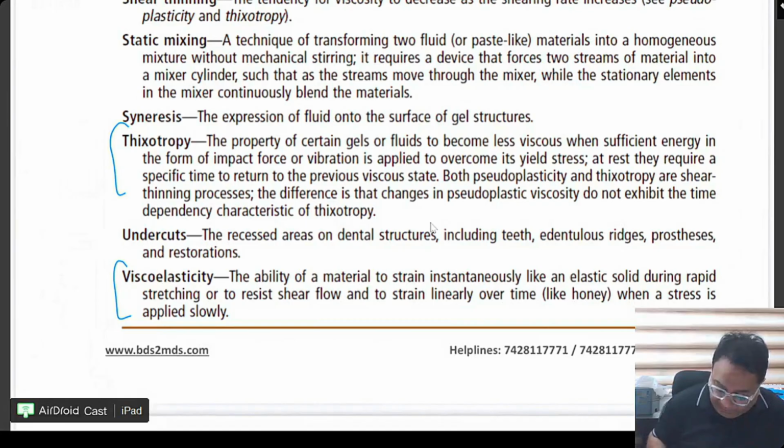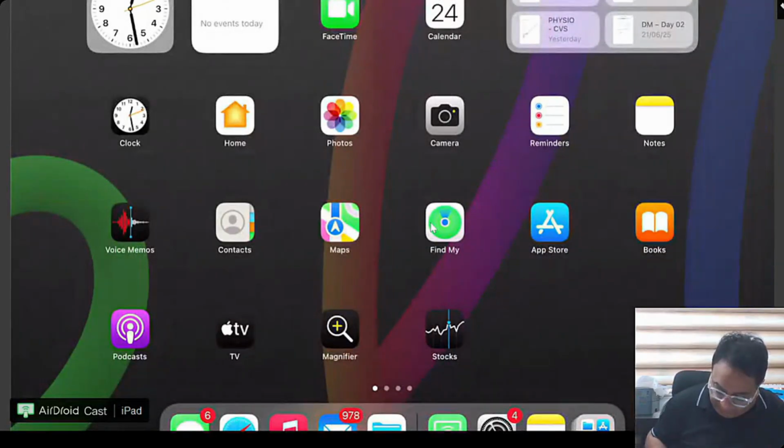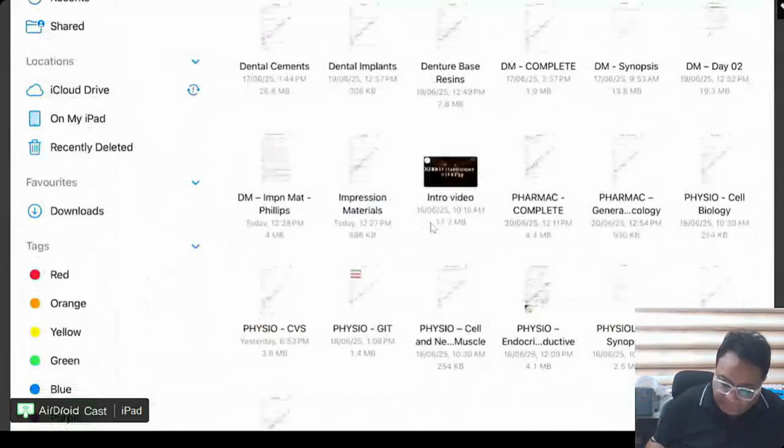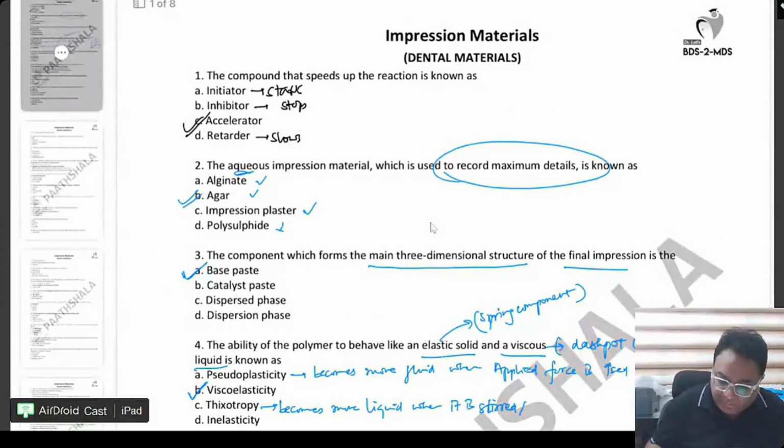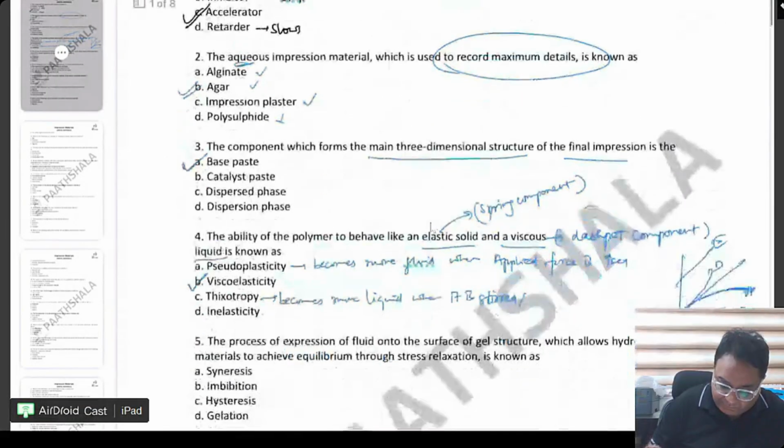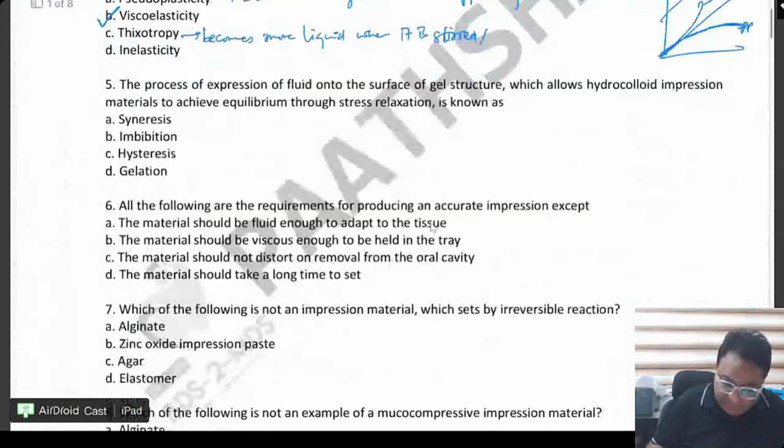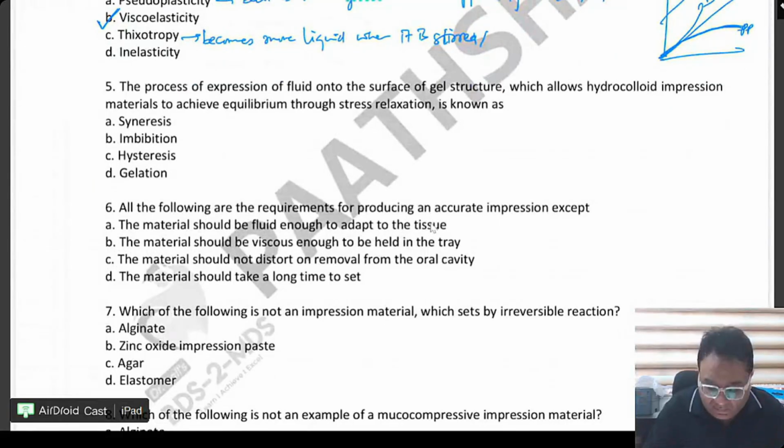You can read it later on. I never gave the example of dalda. Okay.